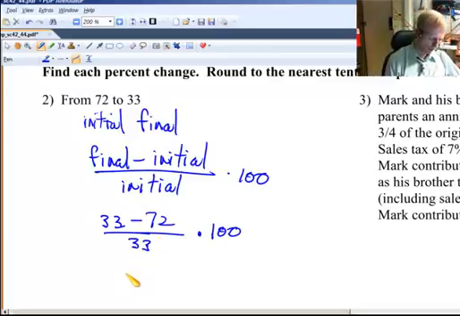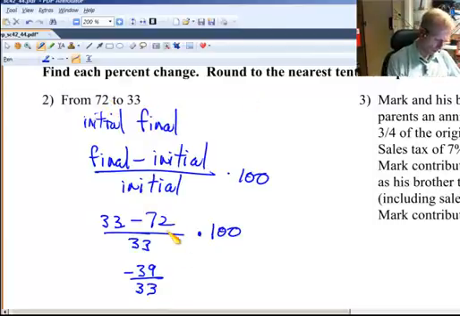33 minus 72 is negative 39, so I get negative 39 over 33. Oh, and actually, I can see that my initial should be on the bottom. There, that's better.